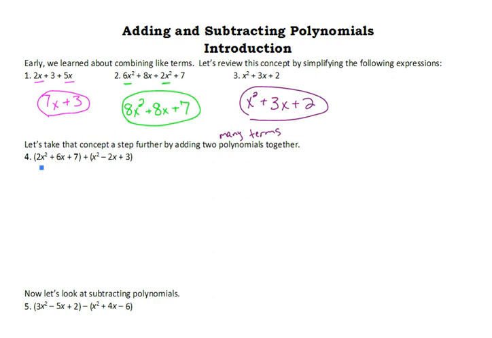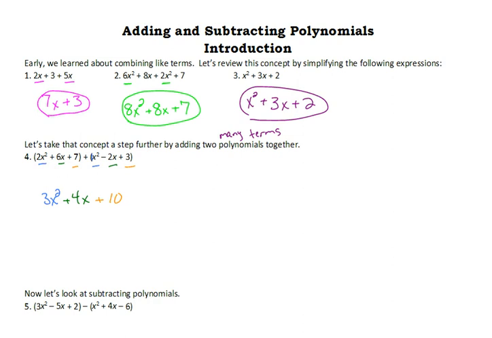So what I see is I see a 2x squared and an x squared. That is a 1x squared. So I have 3x squared. I see a 6x and a negative 2x. So I see a positive 4x. And then I see a constant 7 and a constant 3, which is, to someone who can do math, 10.